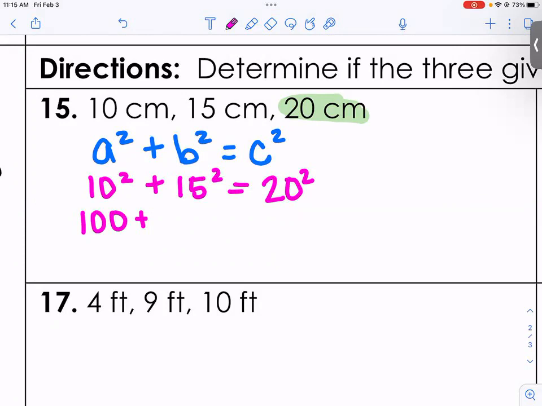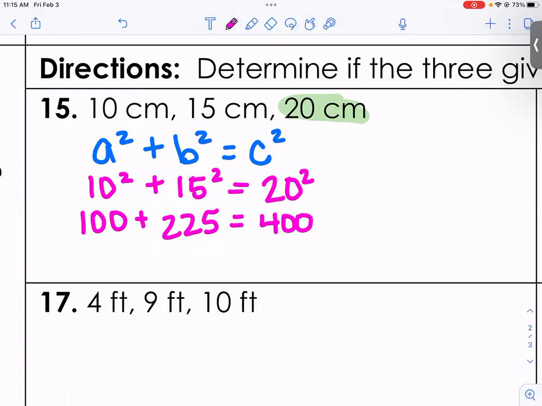Okay, Ryan, do you remember what 15 squared is? 225. Thank you, Brady. What about 20 squared? 400. Okay. So now we need to decide if this is a true statement.